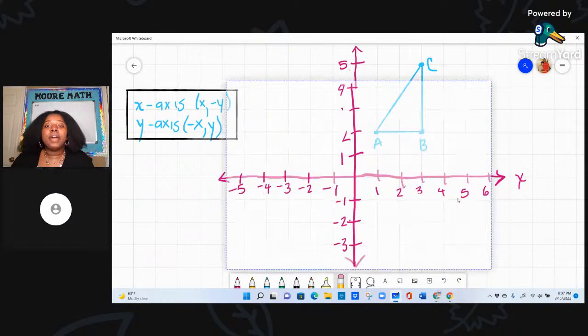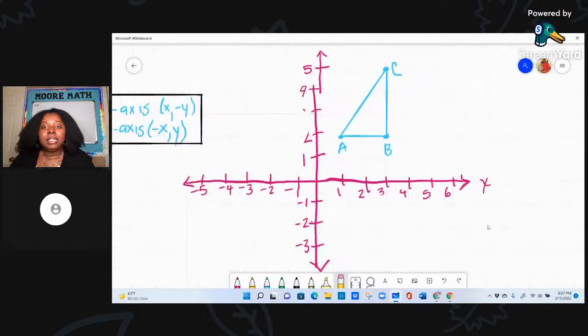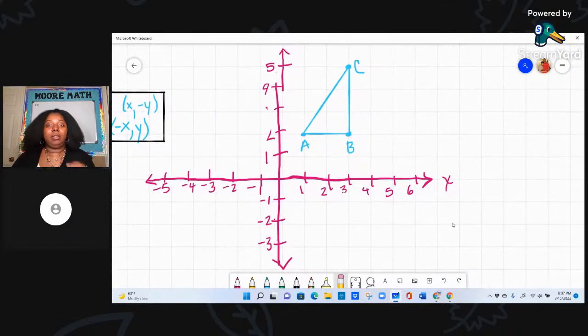But if I say translate this 2 spaces to the right, where would A be? 3, 5. Okay. Oh, I erased some stuff.